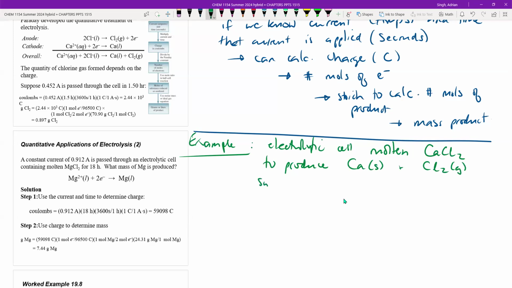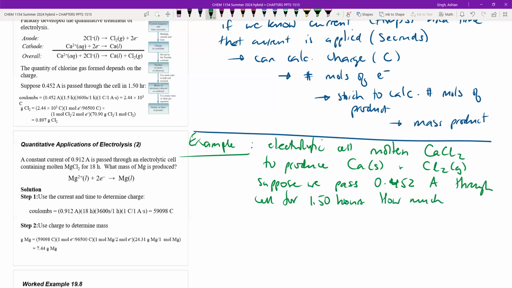And let's say we pass 0.452 amps through the cell for a time of 1.50 hours. Based on this, we need to calculate how much of the product will be formed at each electrode.